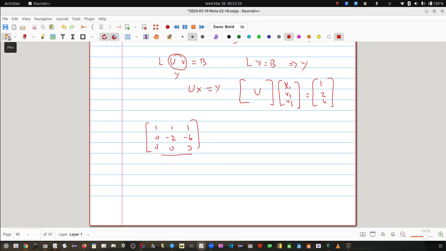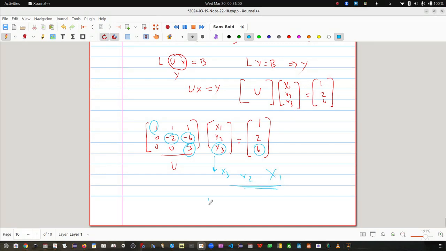Upper matrix times x1, x2, x3 is equal to 1, 2, and 6. From here, we are able to associate this equation and then find out x3, and then substitute here and find x2, and then from there you find x1.